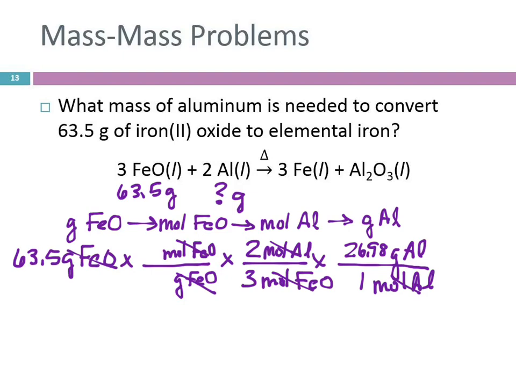For the iron, we're actually going to have to do a little calculation. Really encourage you to show your work. It can be kind of sketchy, but just show it. There's 1 iron and 1 oxygen. When we add those together, we get 71.85.